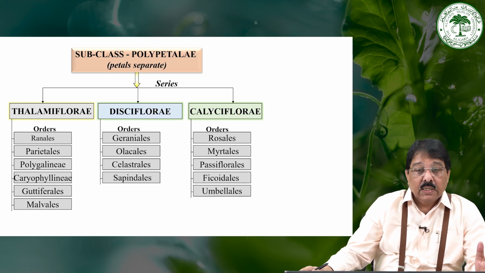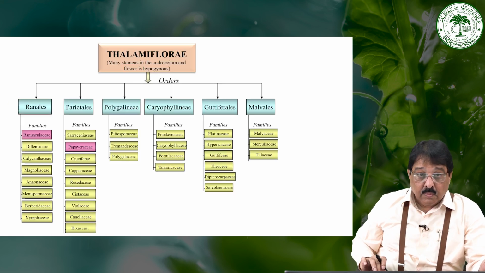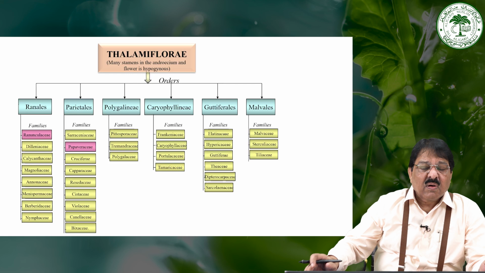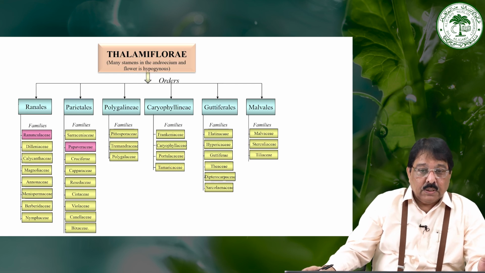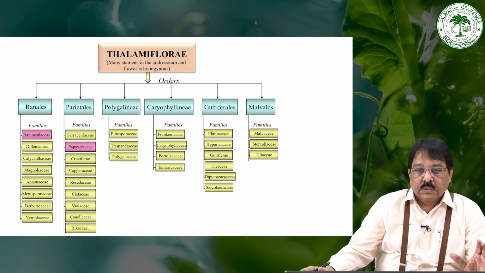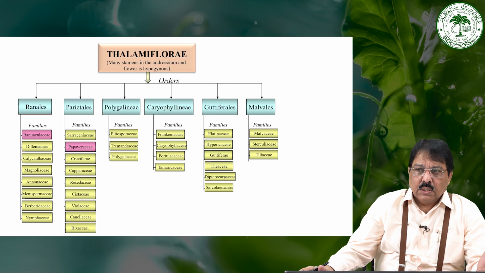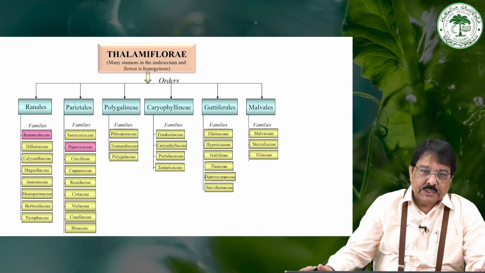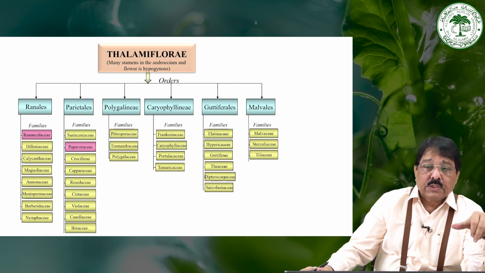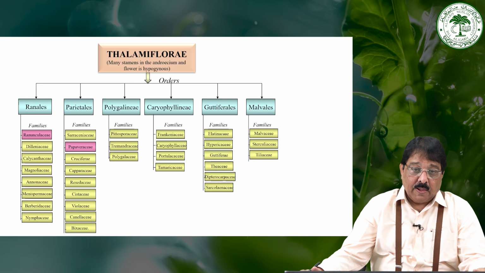In case of the Ranales, most of the families, or you can say the plants, are mostly herbs and found in moist places, or you can say wet places. The members are found mostly in marshy lands.